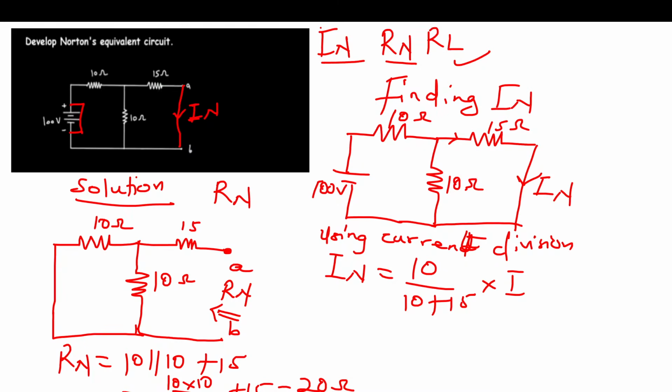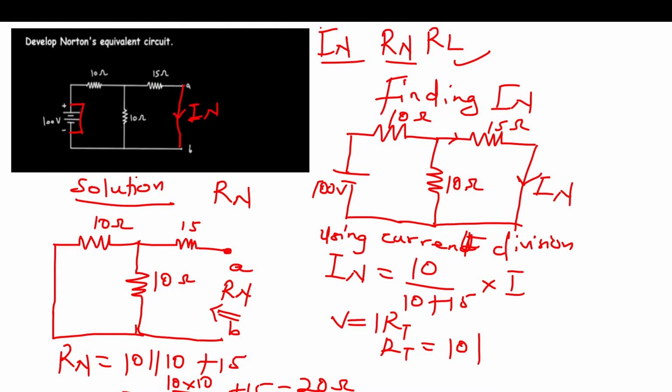Now, do I know the total current? I don't know the total current coming, but I know the total voltage source inside. Okay, so let's revisit Ohm's law, V is equal to IR. I can find my total R. Okay, RT. For RT, I have this 10 here connected in parallel with 15 here.